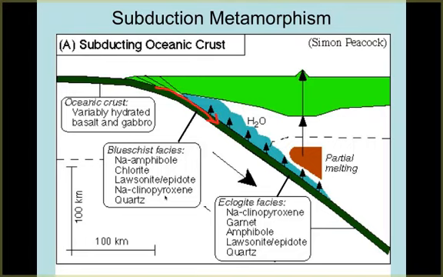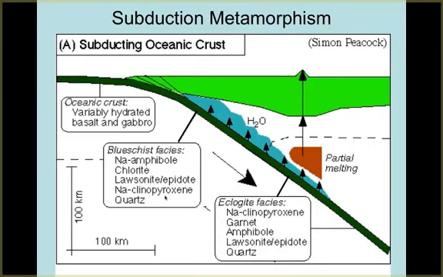Because it has this high pressure and low temperature regime, for the subducting slab we see the development of blueschists that are defined by the appearance of sodic amphiboles or glaucophane. We also, at higher pressures, see eclogite facies rocks. And those are defined by omphacite, a sodic pyroxene, and garnet.